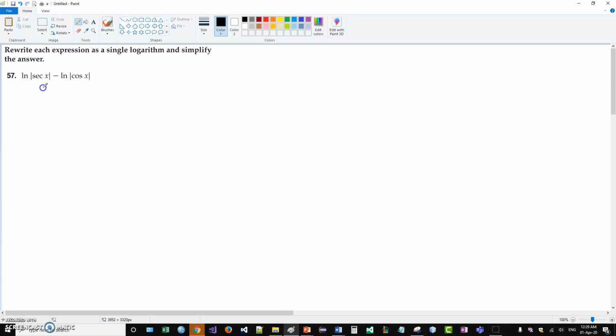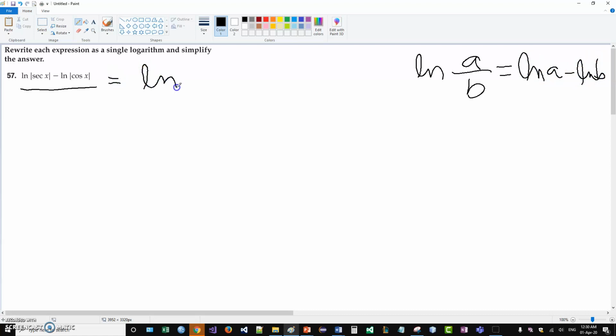This is the, remember from the logarithmic functions, the quotient property. Ln a over b equals ln a minus ln b. Okay, so this can be written as ln secant x over cosine x.